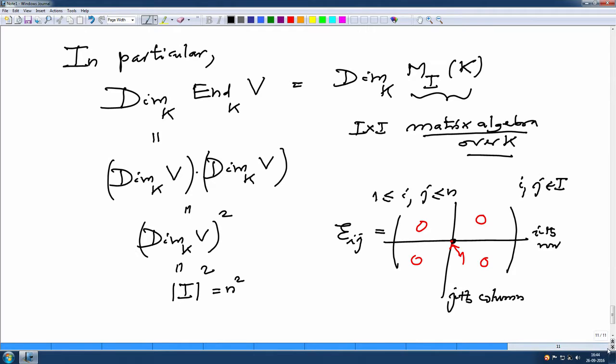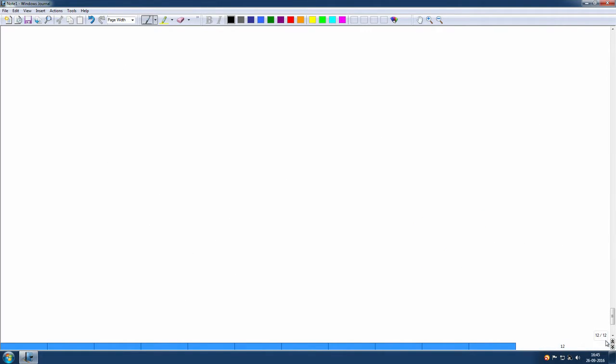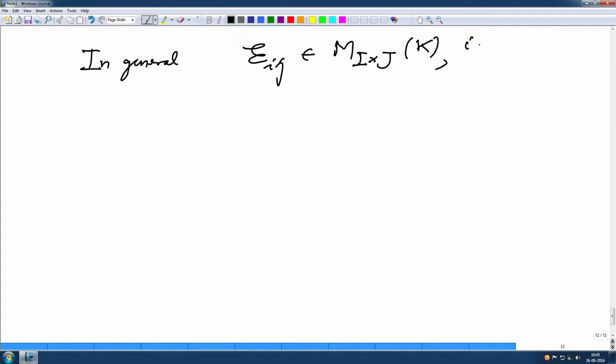So in general, let us write down. In general, the Eij, they are I cross J matrices, i in I, j in J, only the ijth entry is 1 and everywhere else it is 0.